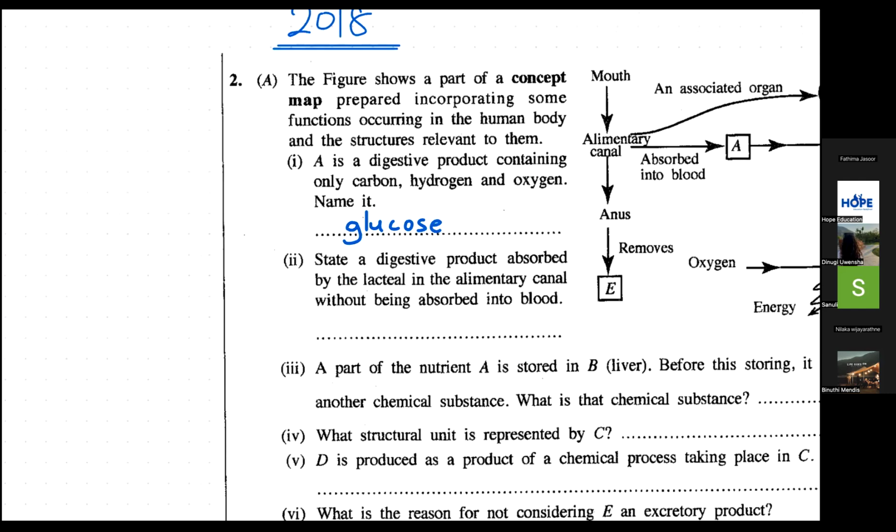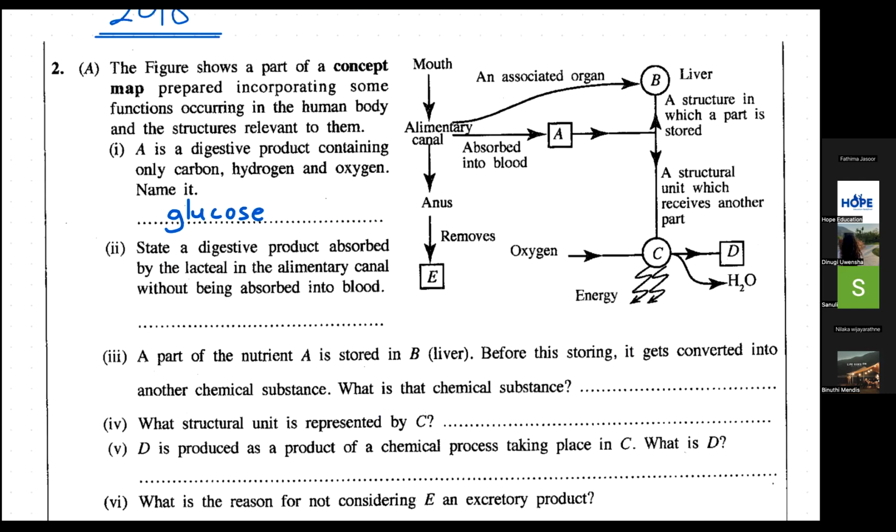Then state a digestive product. So A is glucose. State a digestive product absorbed by the lacteal in the alimentary canal without being absorbed into blood. What is the answer you wrote? Which digestive product will be absorbed to the lacteal instead of blood?